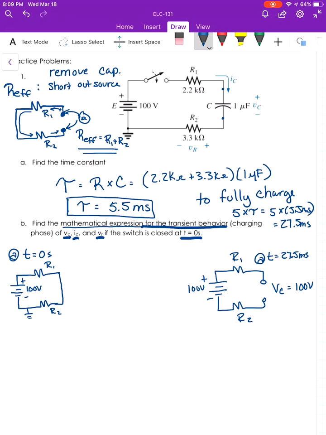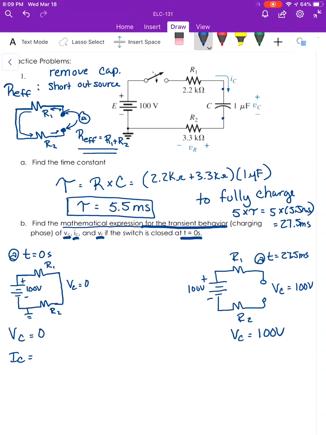So I'm going to leave some room in between, and let's discuss what's going on at t equals 0 seconds first. So at t equals 0 seconds, Vc equals 0. It's a short circuit, so the voltage drop across our capacitor is 0. We're starting at 0 volts, and we're going to charge it up to, over here we'll have 100 volts, right? Our current is going to start not at 0. So we have a complete circuit here for t equal 0 seconds.